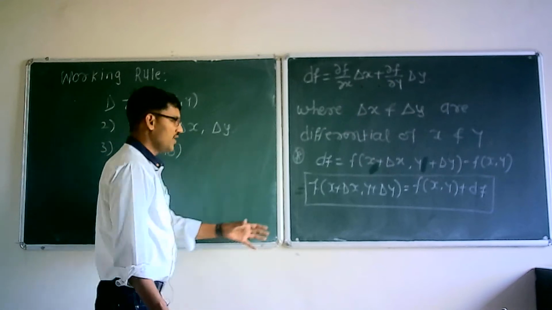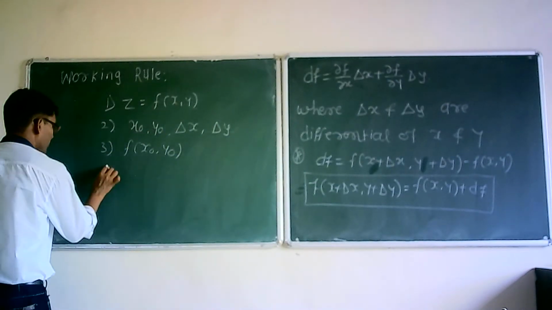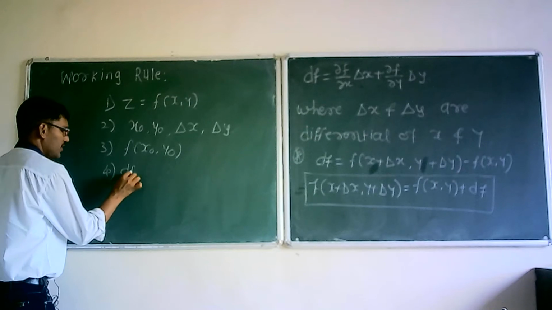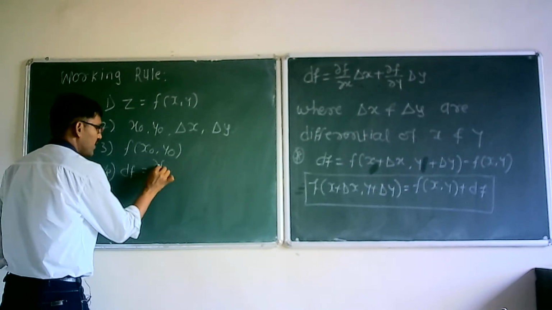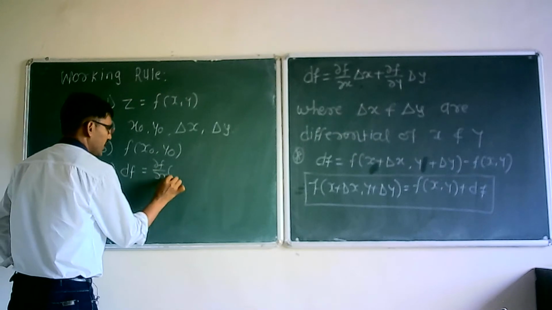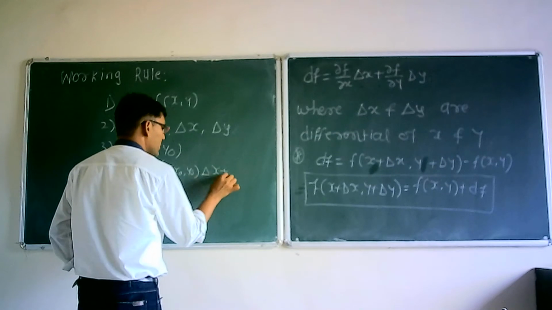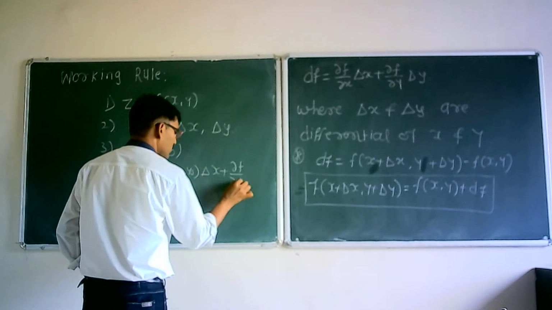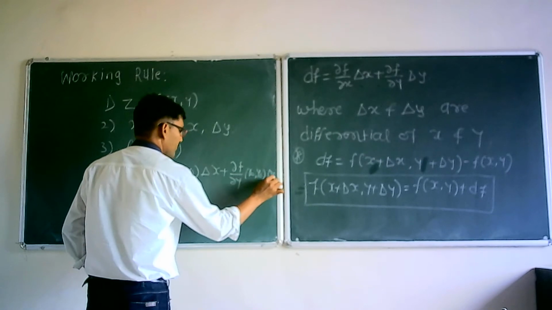Then number 4, find df. df is equal to ∂f/∂x at x0, y0 into delta x plus ∂f/∂y at x0, y0 into delta y.